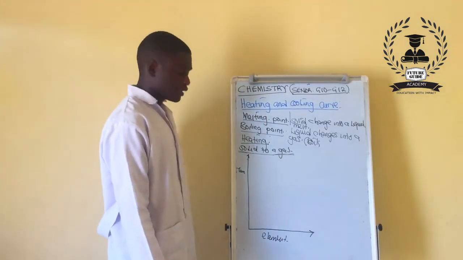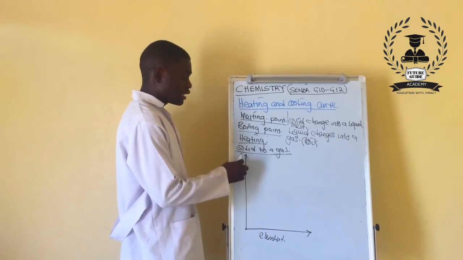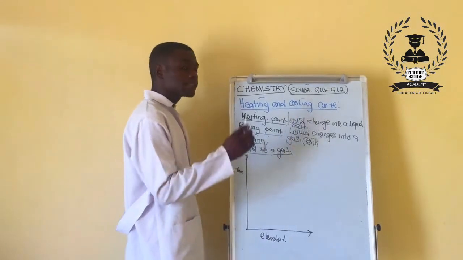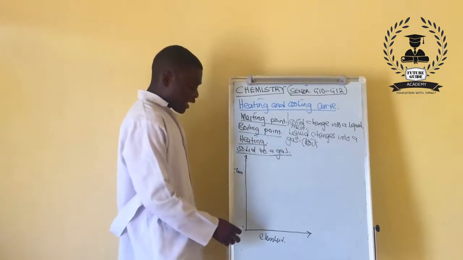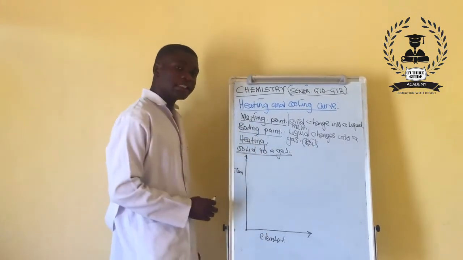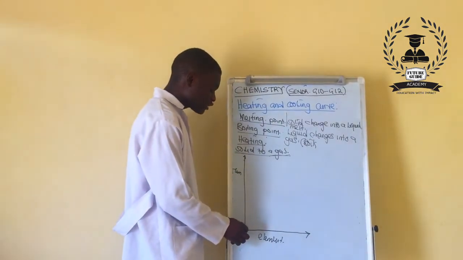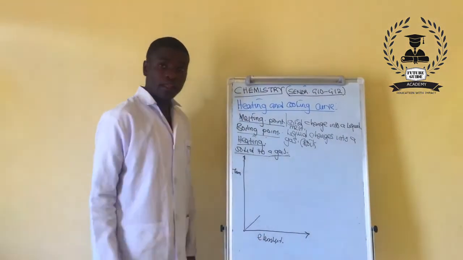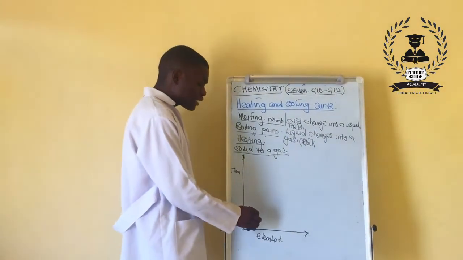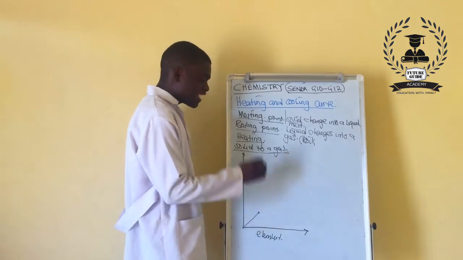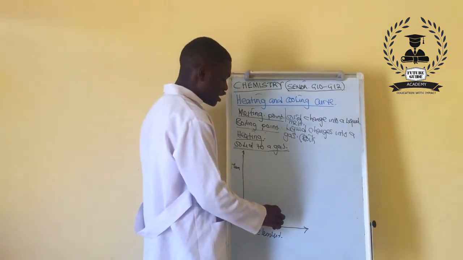Now what happens is that at this point, remember we said we are showing the change of the substance from a solid to a gas. At the initial starting point on the heating curve, the substance is a solid. And then when it reaches a point known as a melting point, the substance starts doing what?